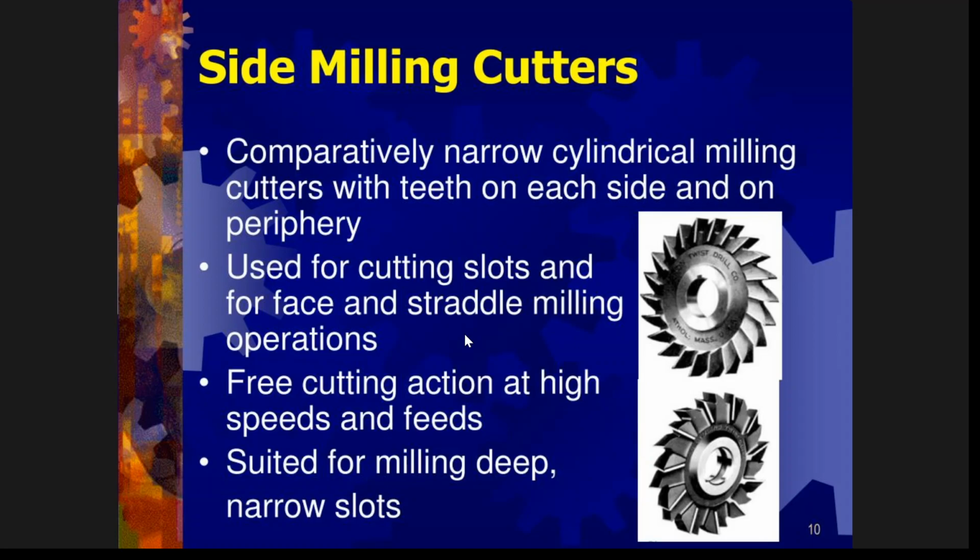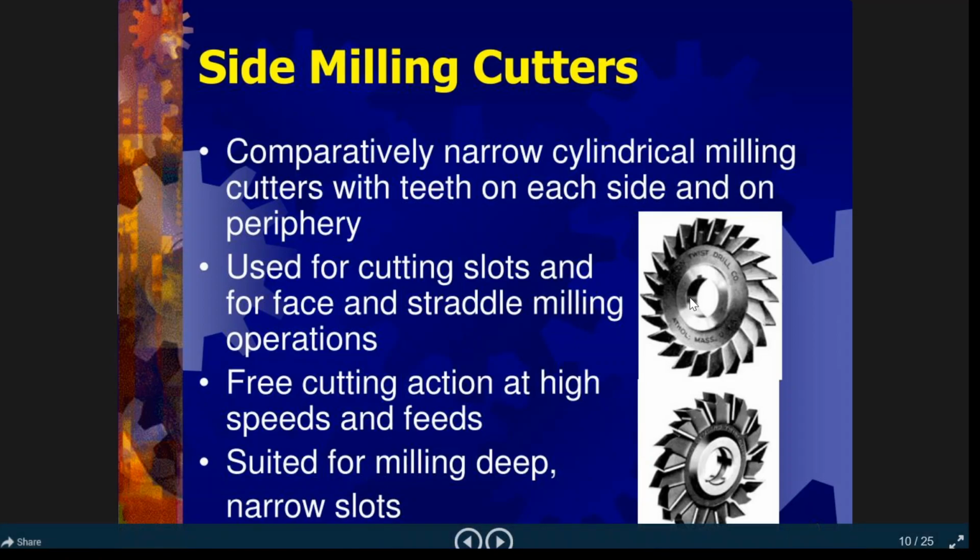This is also used in horizontal milling machines, where the axis of the spindle is horizontal. Free cutting action at high speeds and feeds, suitable for high speed and feed, and for milling deep narrow slots. Normally the width of the cutter is comparatively very small, so we can have narrow slots by using this cutter.